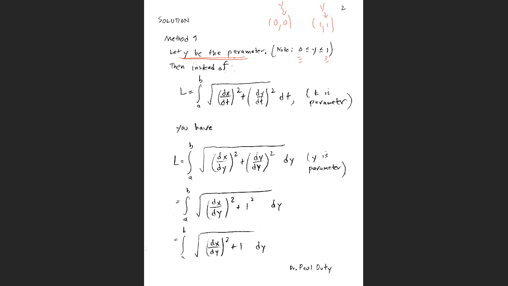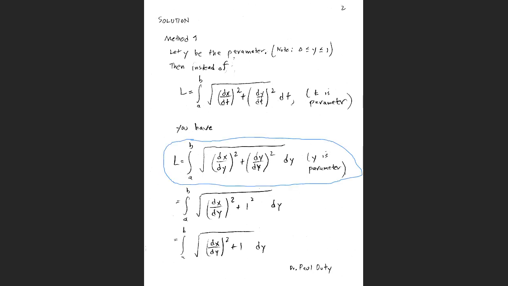Now, what you're used to seeing is this formula here, and that's when t is the parameter. But now we're letting y be the parameter. So instead of this formula, you're going to have this formula.